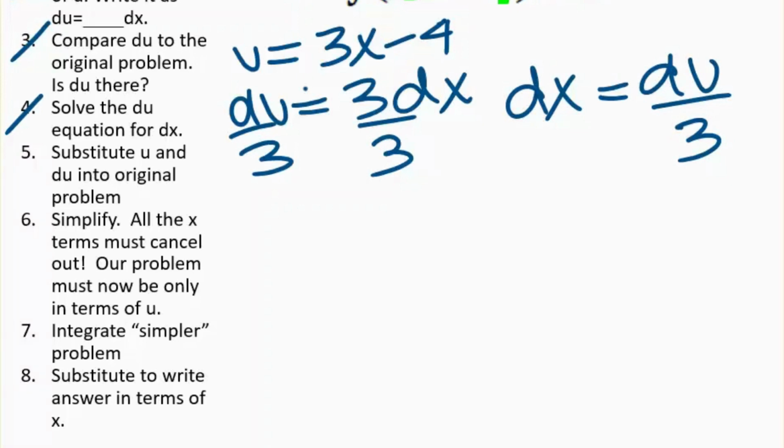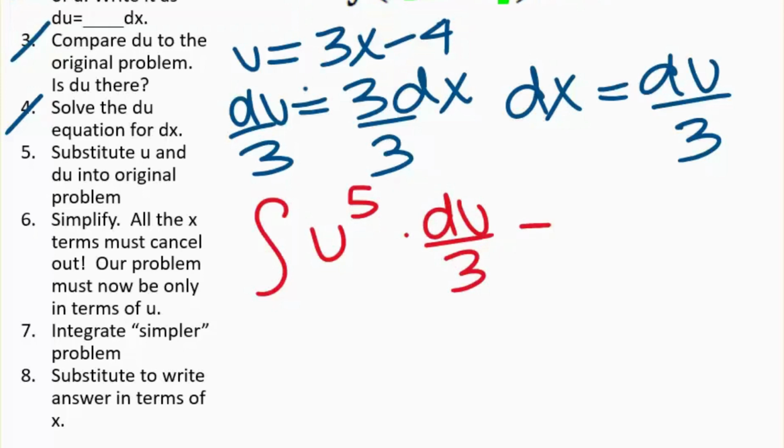Now in step 5, we're going back to the original integral problem, and we're going to substitute in. So our original problem was 3x minus 4 to the 5th power. We said that u was 3x minus 4, so this is now written as u to the 5th. And instead of dx, we solved to say that dx was equal to du divided by 3.